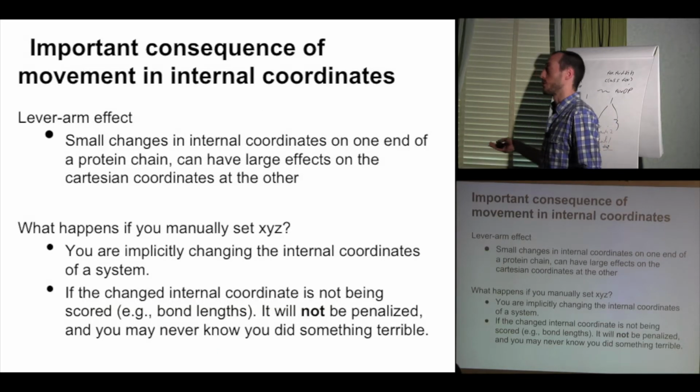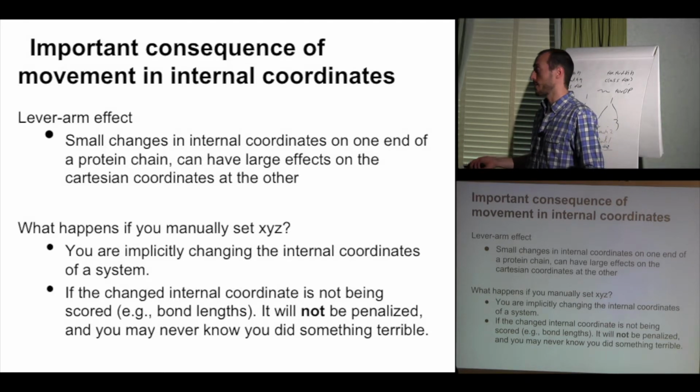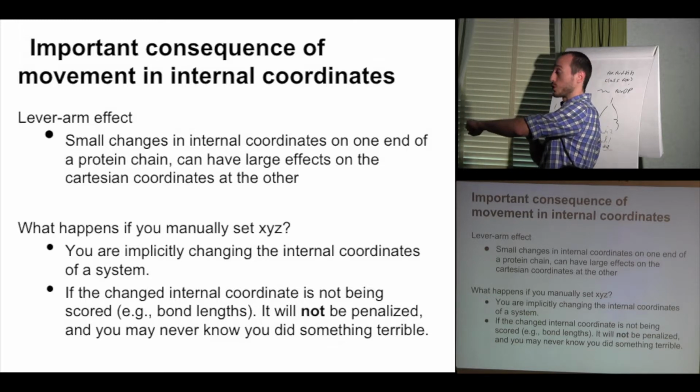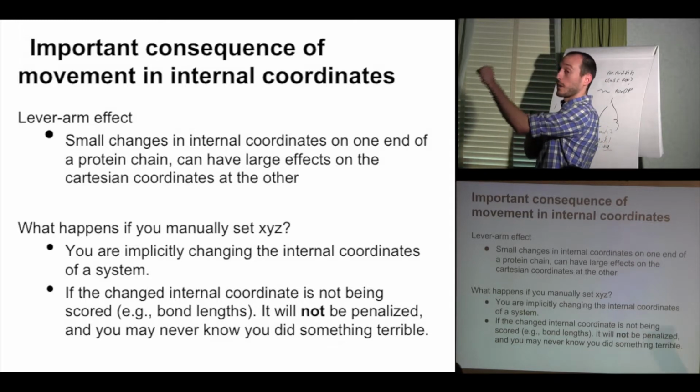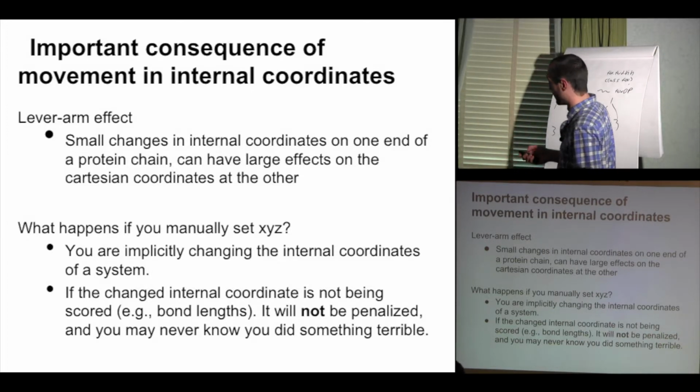Some consequences of movement in internal coordinates is that you can have this lever arm effect. If you have some peptide chain and you make some torsion change over here that's relatively minor, you could have a pretty dramatic change on the other side of your chain.